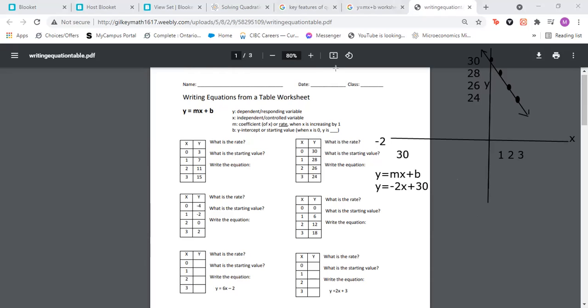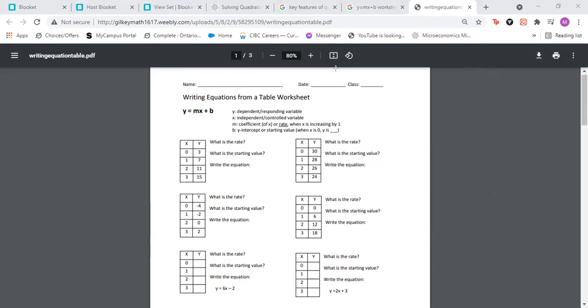So we'll try the next one. So what's the rate of the next one? Okay. The rate is going to be 6 each time. And then what's the y-intercept? 0. Then what would the equation be?